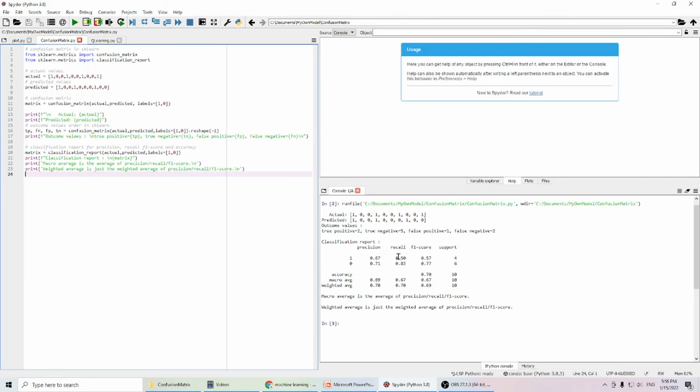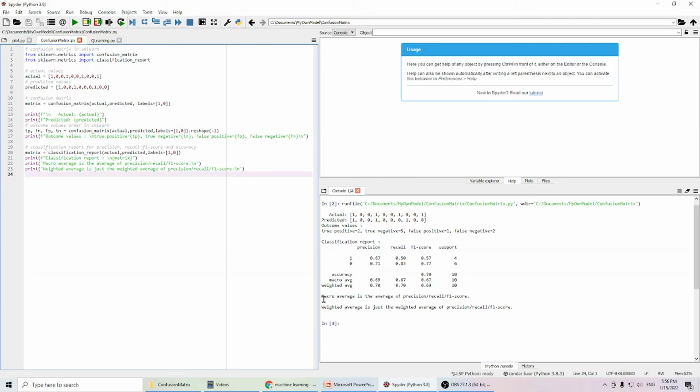And recall is 0.5. F1 score is 0.57. Because we only have 2 possible values in this example, so it's very simple to calculate all those measurements. You can just calculate with your calculator.